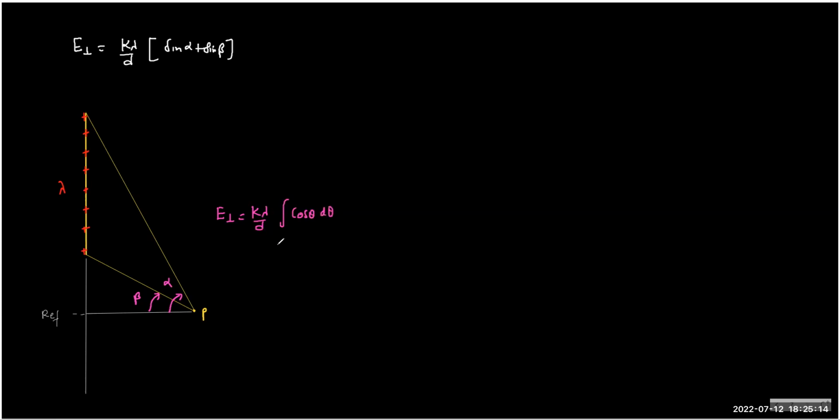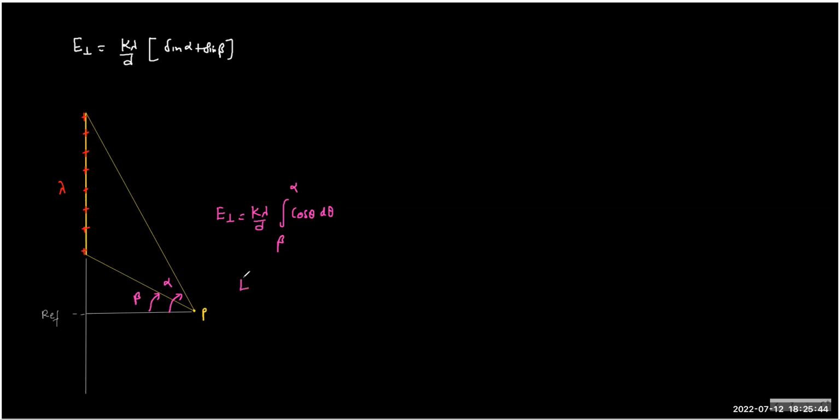It begins at beta and ends at alpha. So beta is the beginning. Always remember, you need to start from the reference, and from the reference, if you turn at beta angle, you will get the first end of the rod, right? And once you turn by alpha, you will get the other end of the rod. Understood?